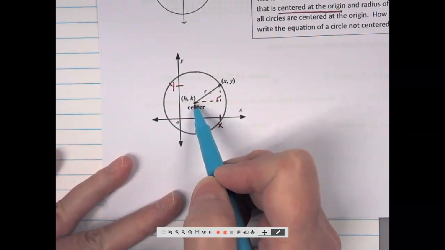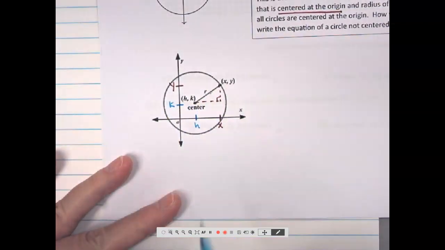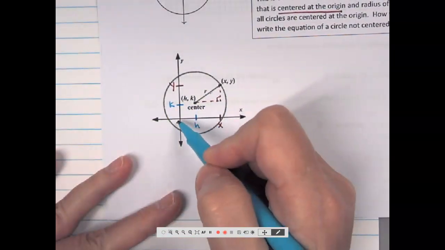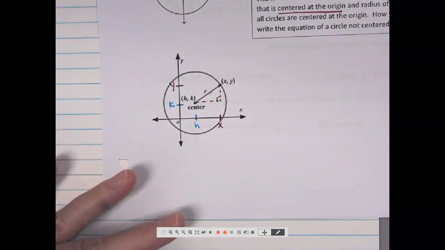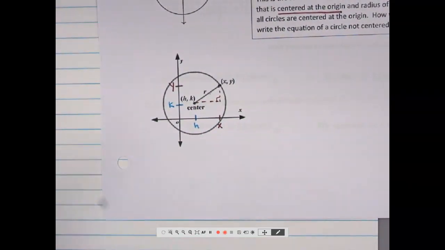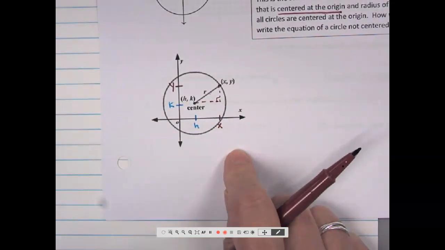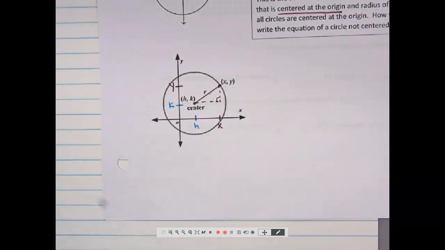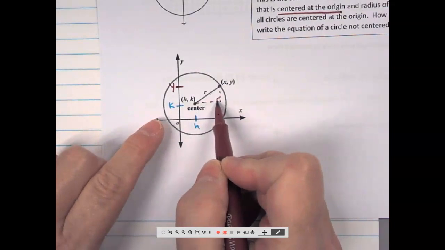And I had to go up k. So k is over here. So to get to the center, I went over h, up k, plotted the point. Okay, so normally we'd be using numbers like this is 2, and this is 8, this is 3, and this is 5, etc. But I'm just using generic values here. Okay, so on my triangle, what is the length of this side?